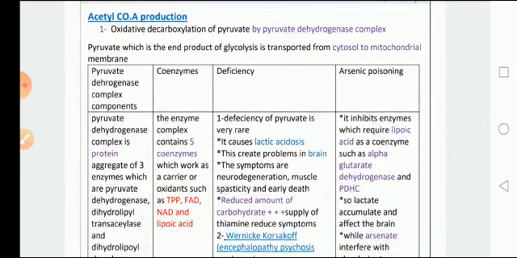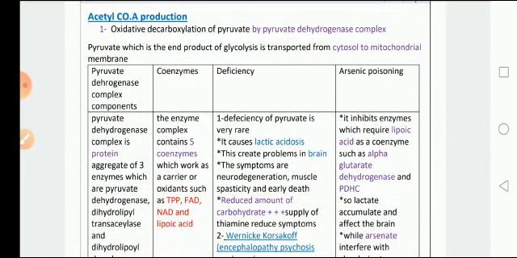Pyruvate is not the only source for acetyl-CoA. Fatty acids are also a source. Oxidative decarboxylation of pyruvate by the pyruvate dehydrogenase complex, which I have just discussed, is known as the link reaction because it's linking glycolysis with the TCA cycle.